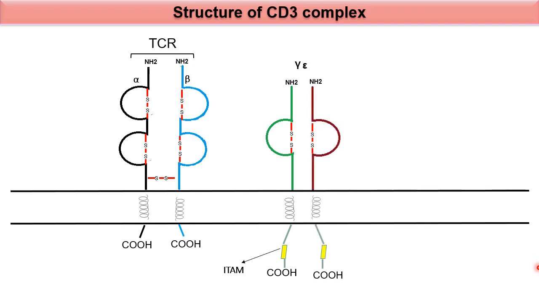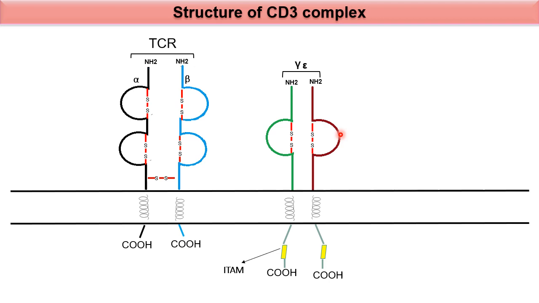The epsilon chain has an N-terminal immunoglobulin like extracellular domain, a transmembrane segment containing negatively charged aspartic acid, and a cytoplasmic tail containing a single ITAM sequence, and together with these domains, the whole structure we call the gamma and epsilon chain.